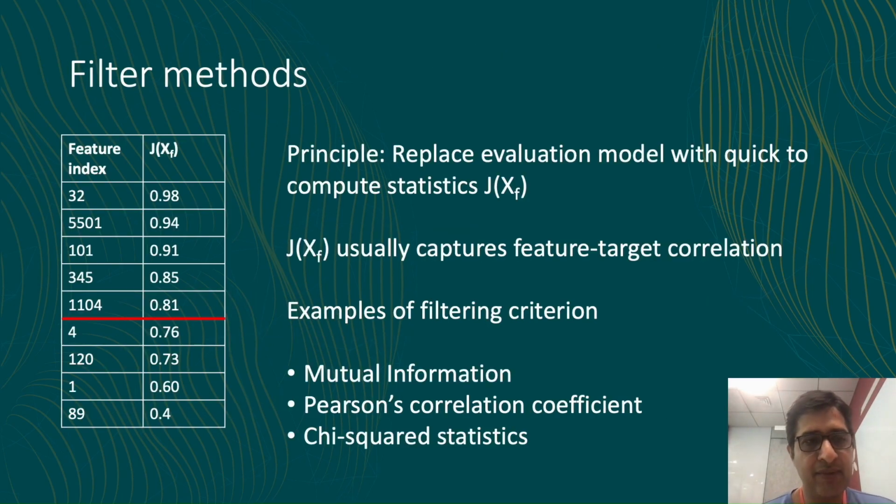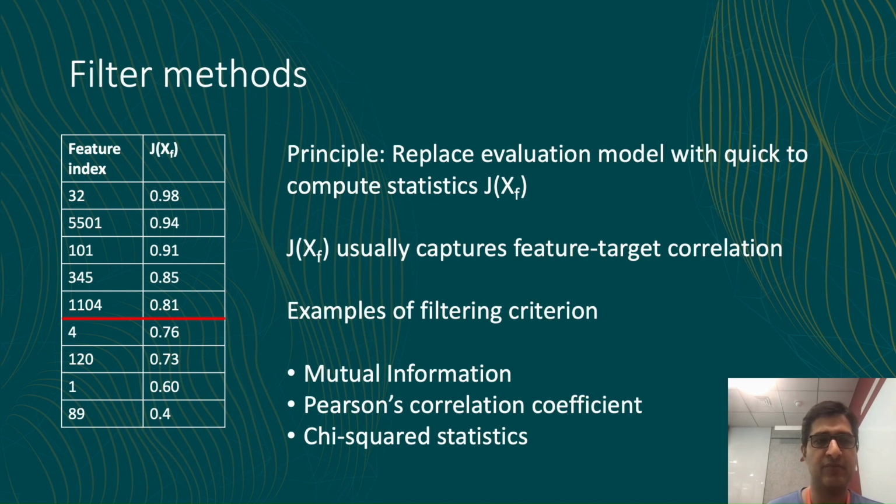The next set of methods are the filter methods, where essentially you have a statistic, let's say J, for each of the features, and you then try to figure out the goodness of that feature. So for example, in this particular example, the goodness of feature number 32 is 0.98, and then you order them in decreasing order of their goodness, and then you decide what your budget is.